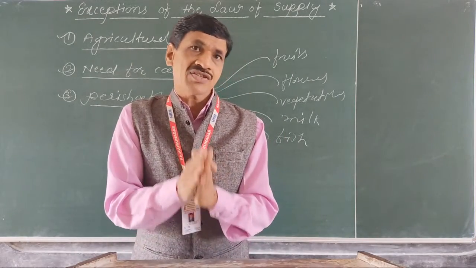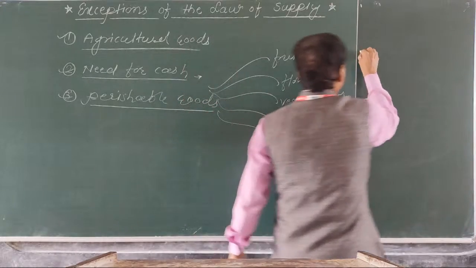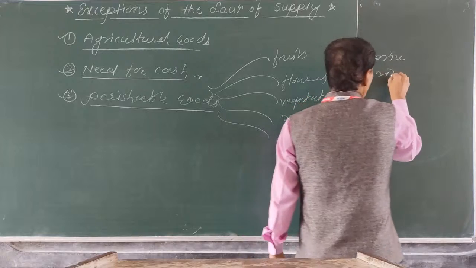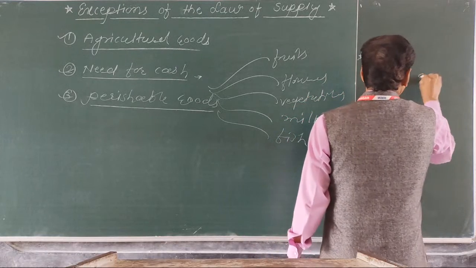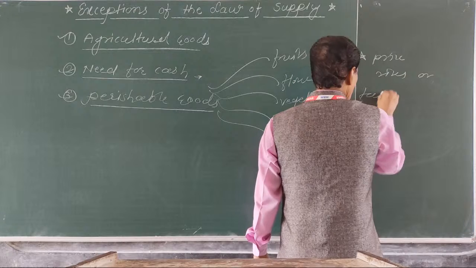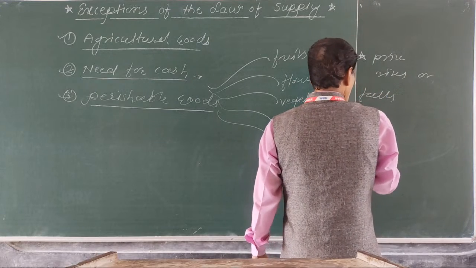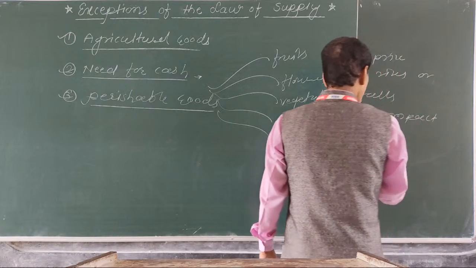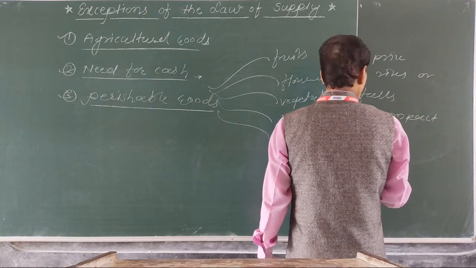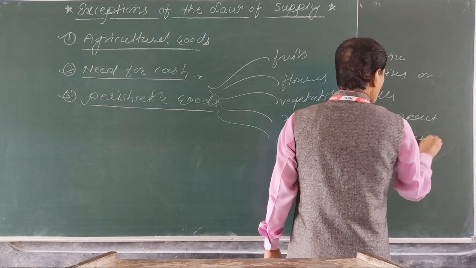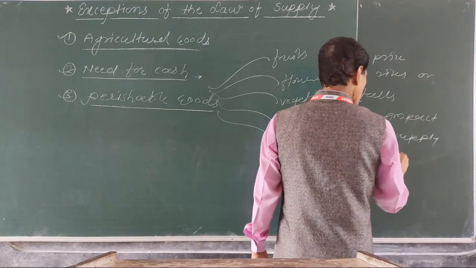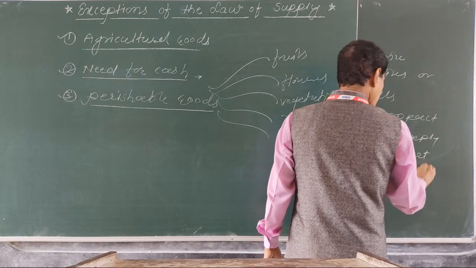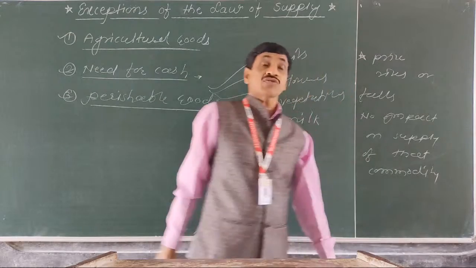Stock and supply being equal means that when the price rises or falls, there is no impact on the supply of that commodity.